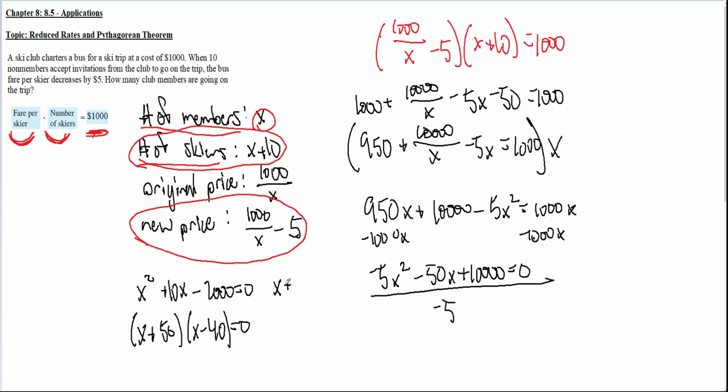And then we just solve for x by setting each of those equal to 0. And so x is equal to -50 and positive 40. Obviously we can't have negative members, so we reject that value. And so we say that x is equal to 40, or that there's 40 ski members.